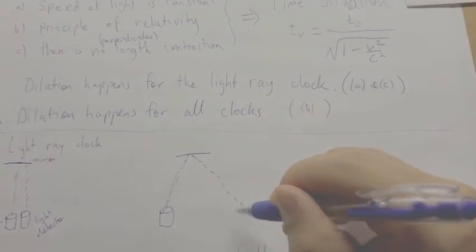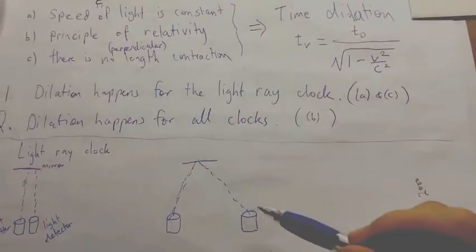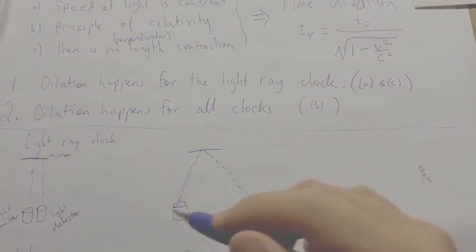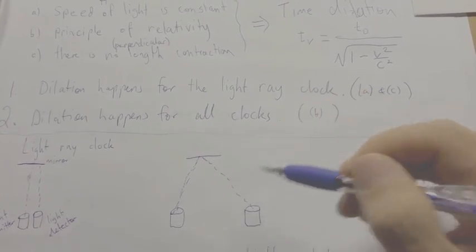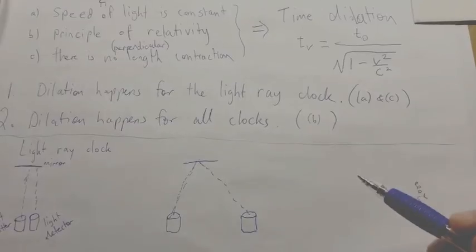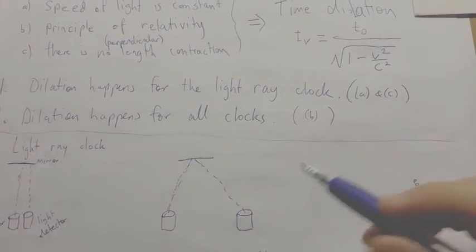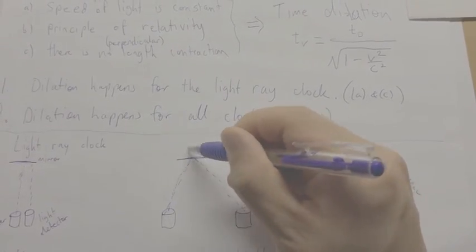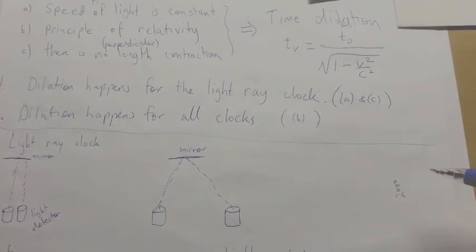And then when it comes back, it's not going to be vertically below the mirror anymore. It's going to be as if it's zigzag diagonally. Okay.